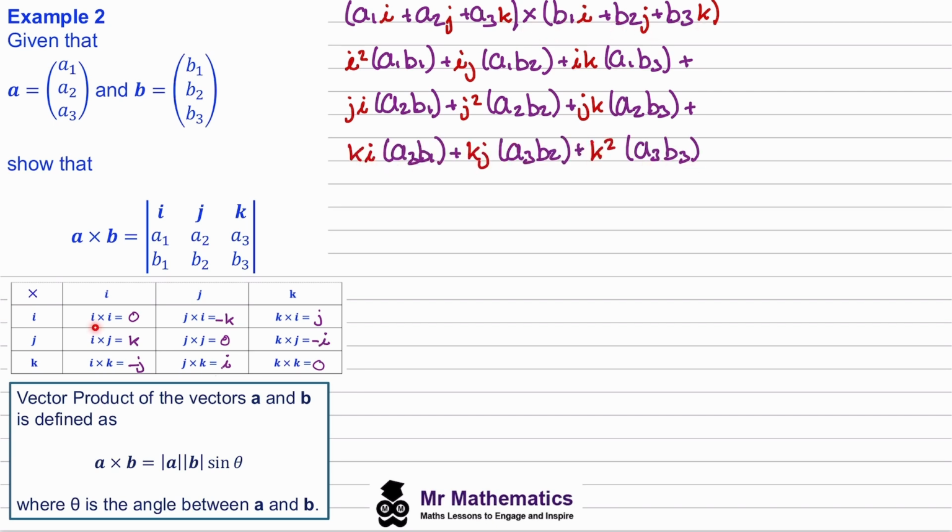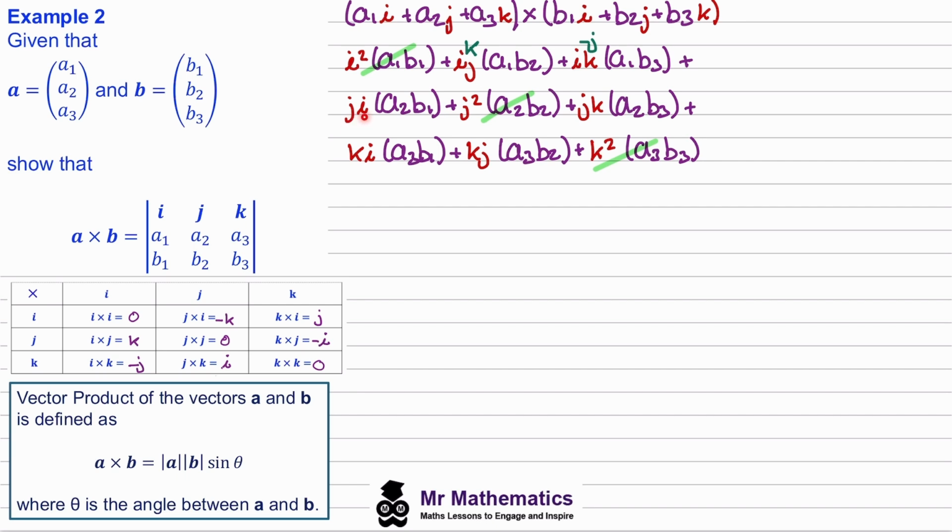So now, the reason why we crossed each of these unit vectors together is to work out each of these cross products. We know i crossed with i is 0, so is j crossed with j and k crossed with k. So we can eliminate each of these three terms. We also know that i crossed with j is equal to k, and i crossed with k is equal to negative j.